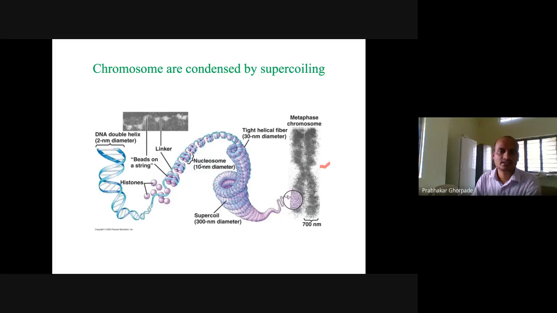These helical fibers form the nucleosome, which is 10 nanometer in diameter, and the nucleosomes are joined together by linkers, structured like beads on a string. Basically, we have a histone molecule here, and on the histone molecules, the DNA is wound around. So this is a beads on a string structure.